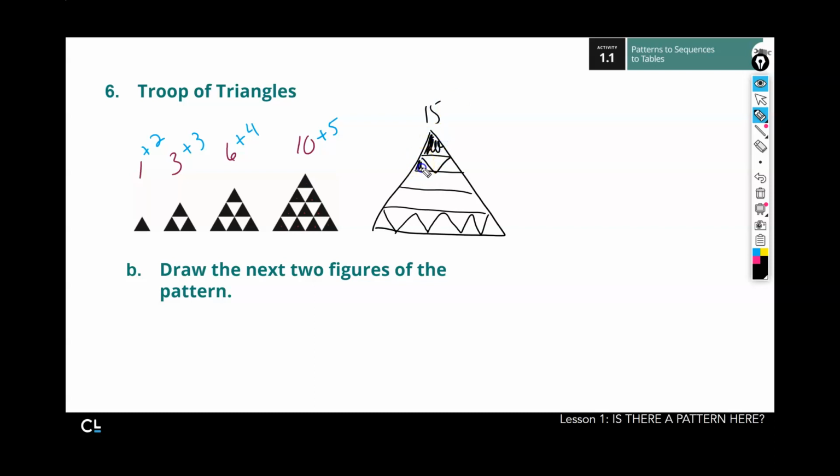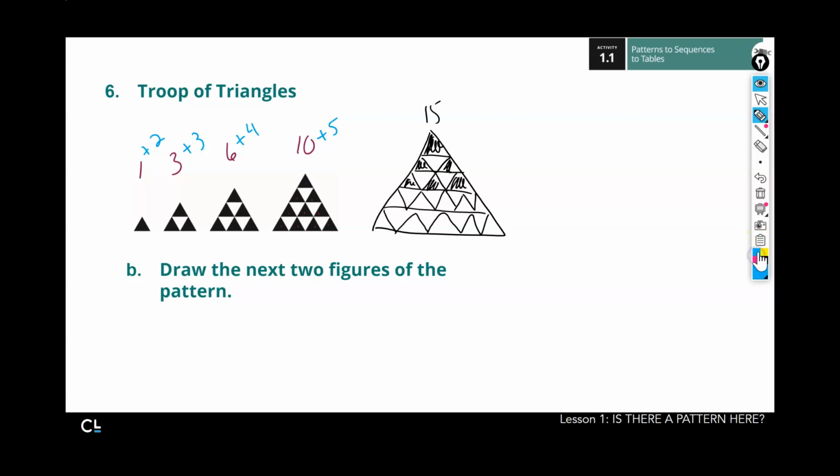This would be a dark one. This would be a dark one. That's supposed to be a triangle. Let's see. So, anyway, 15 triangles.